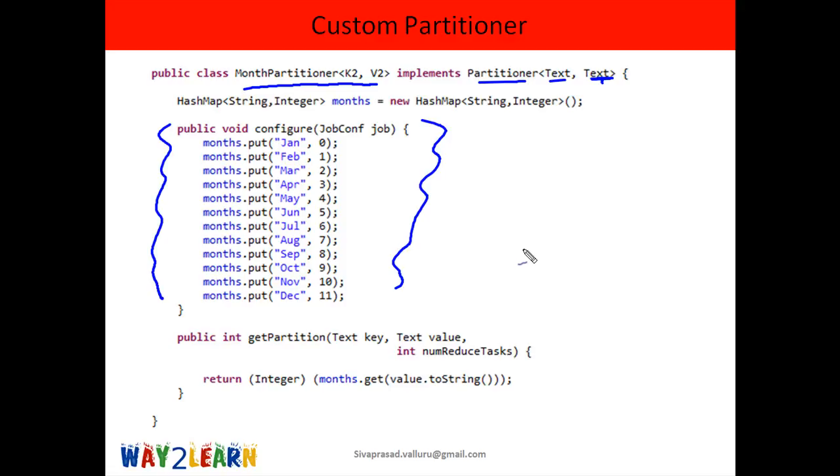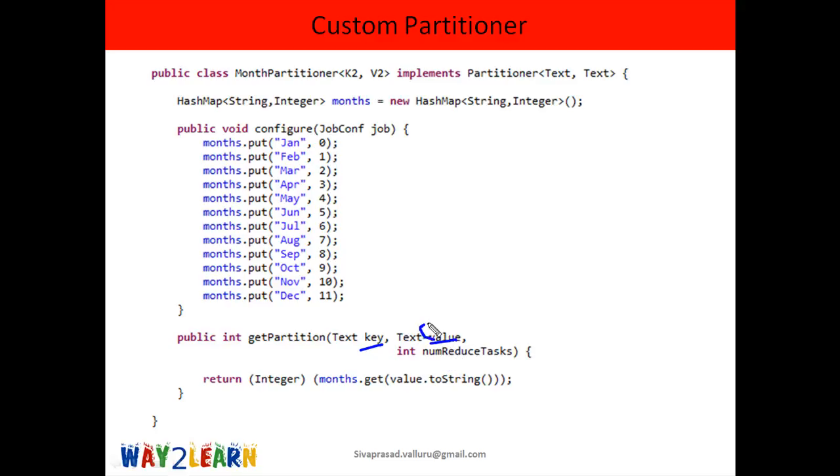Whenever the partitioner is getting initialized, the configure method will be called. I am preparing a map of month name and value 0, 1. I populated this hash map with months from Jan to December, and getPartition is getting the key-value pairs emitted by my mapper.